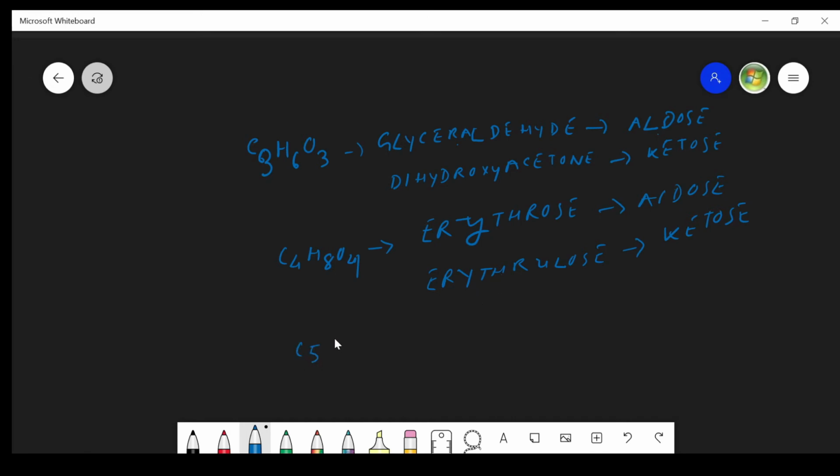Another example, if it is aldose, we call it ribose. If it is ketose, we call it ribulose. So these are the differences between the naming of aldose and ketose.